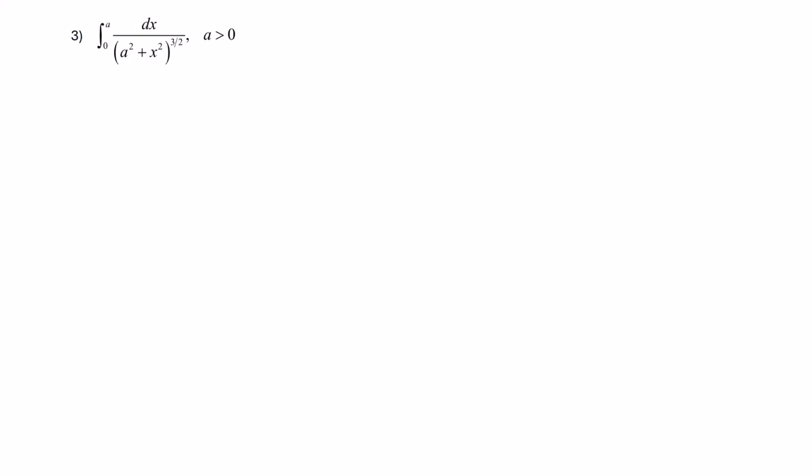And then the denominator under that dx is a set of parentheses containing a squared plus x squared, and then those parentheses, which close there, are to the power of 3/2. And then we have this extra condition provided in the problem that a is greater than 0. Okay, and that's where we're starting.